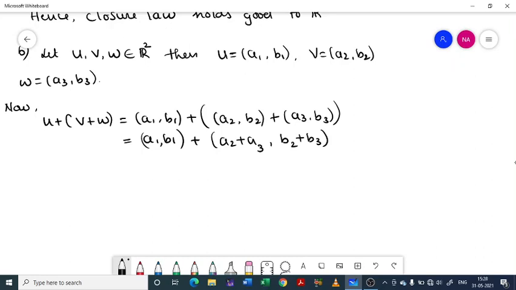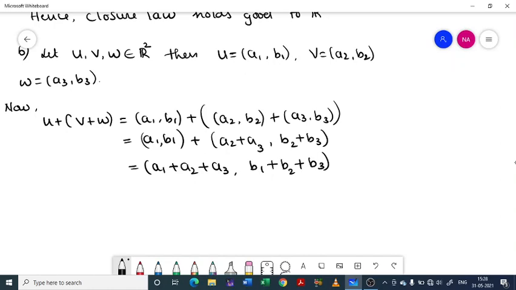Now adding these two members, you will be getting a1 plus a2 plus a3 comma b1 plus b2 plus b3.